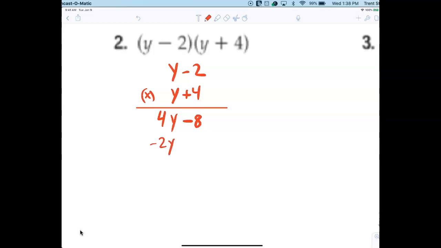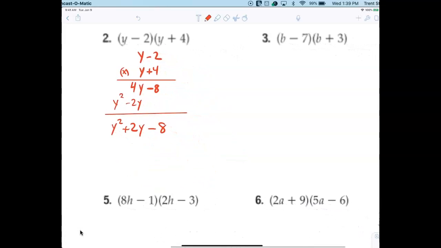Y times y? Y squared. Those are the little mistakes you have to remember. And now you're just adding straight down. Y squared, 4 minus 2, positive 2y, and negative 8. Everybody okay with that? Any issues?